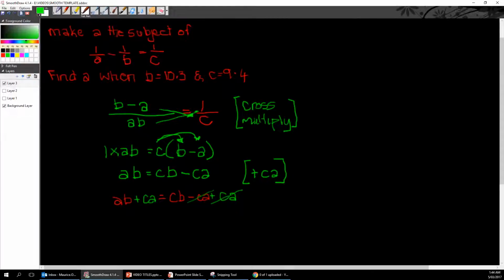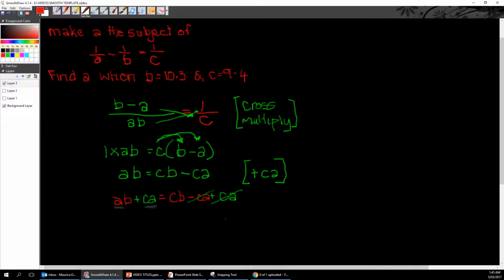And what we can do here is we can factorize this. I'm just going to do that in red because it's sort of there. We see we've got a common factor here of A. A is our common factor, and all the A's are on that side. So let's go to red here.